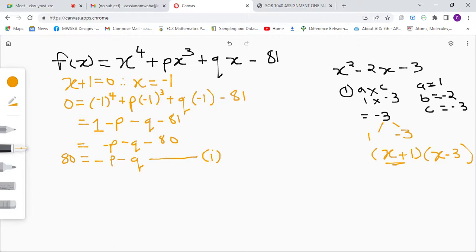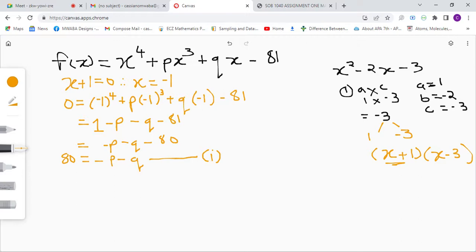Are you saying you take this one over the equal sign and this 81 over the equal sign? No, the way you subtracted it.